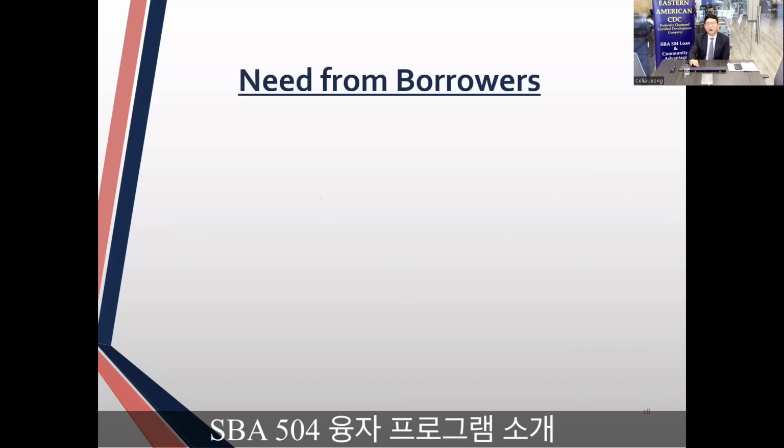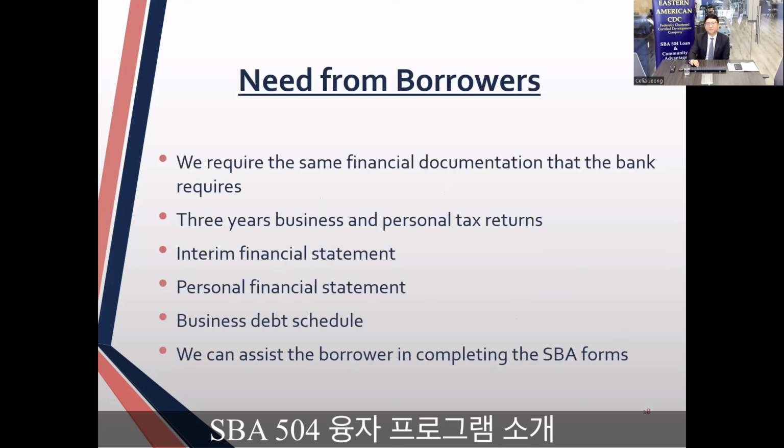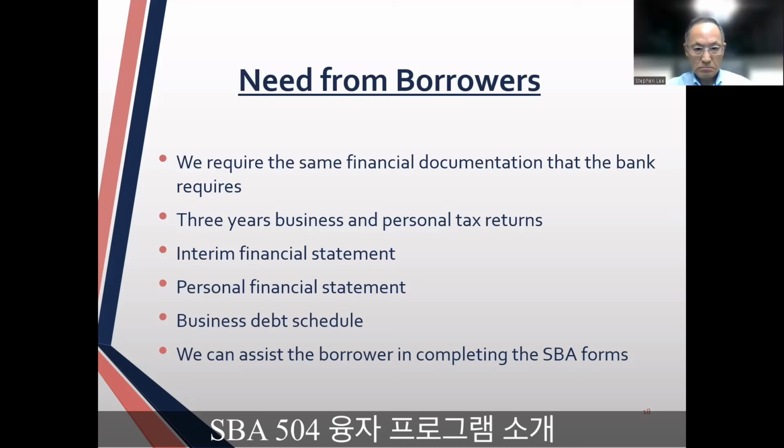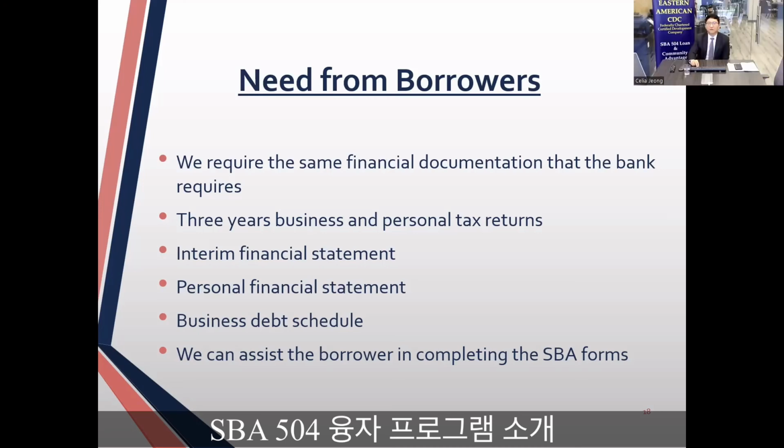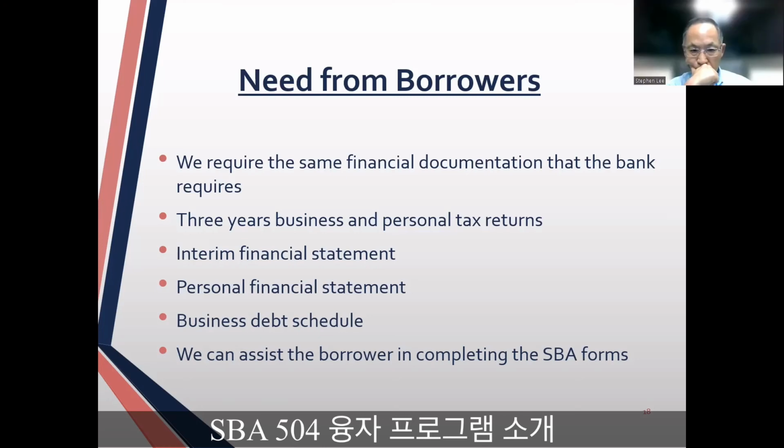What is needed from borrowers? We require the same financial documentation that the bank requires. Below is the list. 3-year business and personal tax returns. Interim financial statement. What is an interim financial statement? Right now, the tax due date has passed, right? So you should have a 2021 tax return by this date.